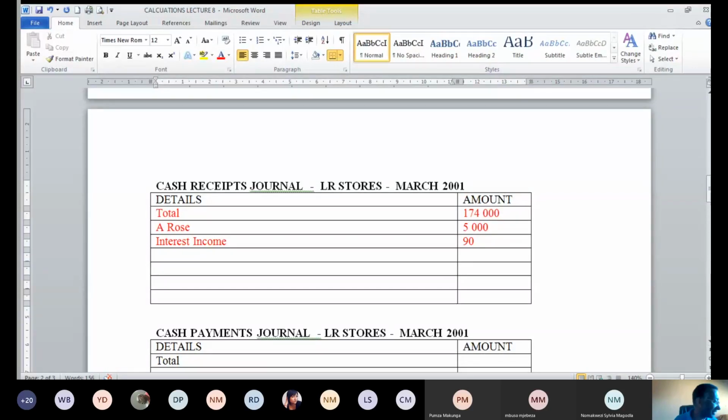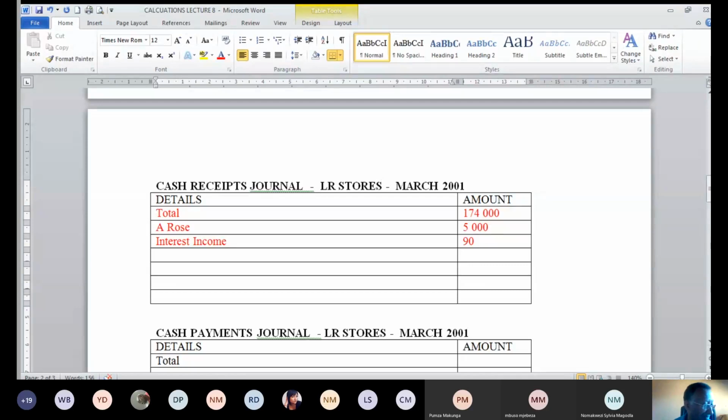The last amount there, guys, is the 15,000 Rand. I am now looking for information on that 15,000 Rand. Take a look at the information back in number 4.